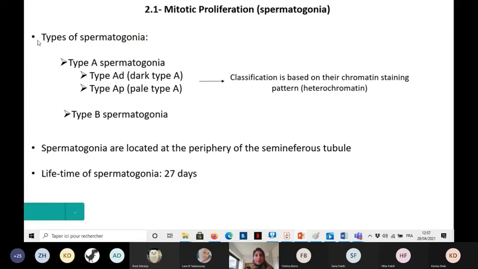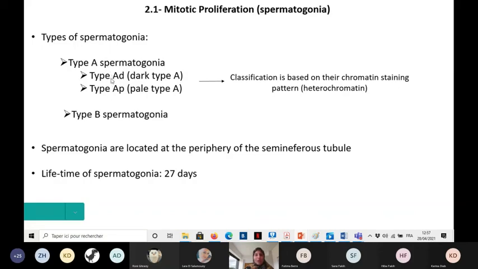In the first chapter, we talked about spermatogonia, primary and secondary spermatocytes, and spermatids. But in fact, there is more than one type of spermatogonia. We have type A and type B spermatogonia. And under type A, we have two other types.